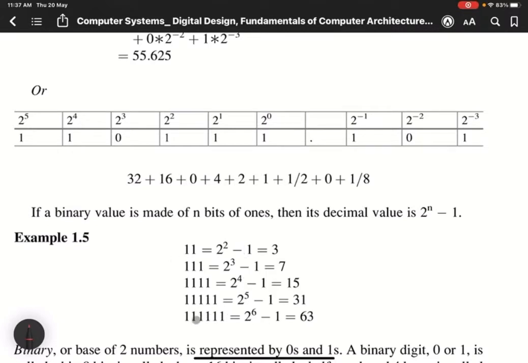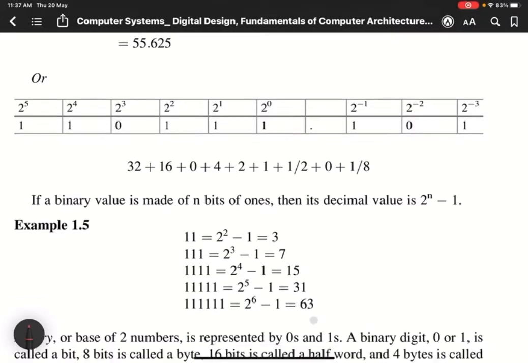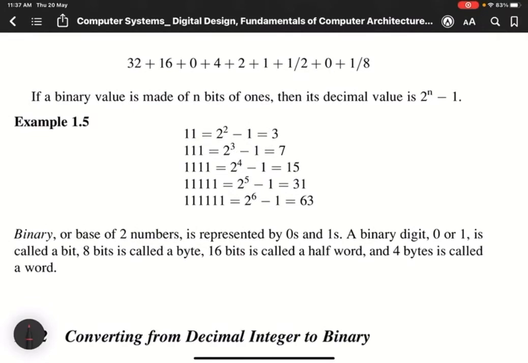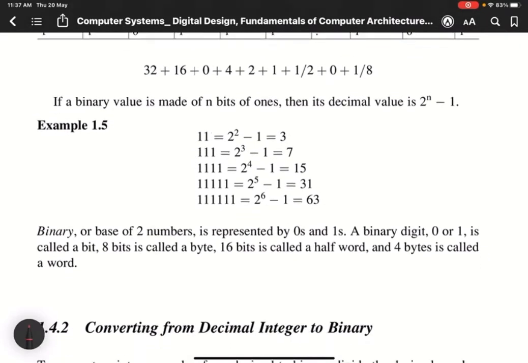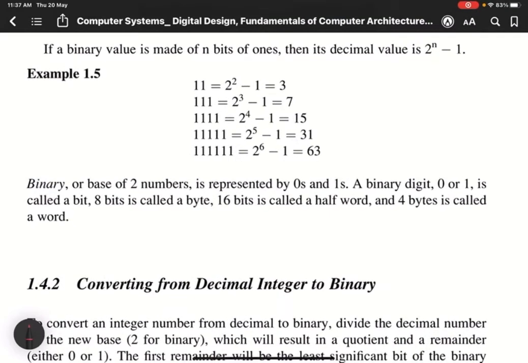For example, meron kang 6 na 1, walang 0. Okay, you will just use the following formula ito. So, kung ilan yung 1 mo, ilagay mo sa itaas ng 2, gawin mong power. So, 2 to the 6 power minus 1, it will give you the decimal equivalent. Okay? That is the shortcut. Okay? So, mas madali kung puro 1, no? Ang iyong binary na i-convert.